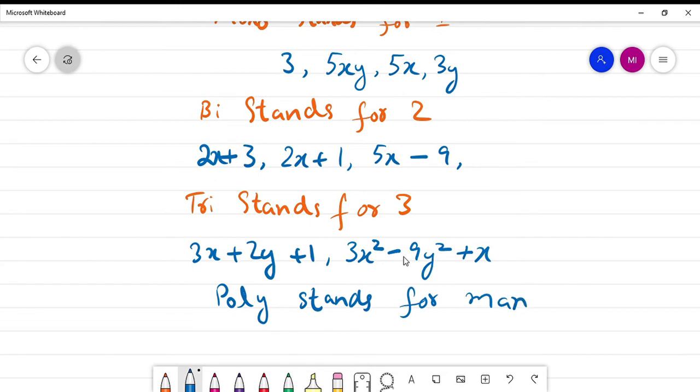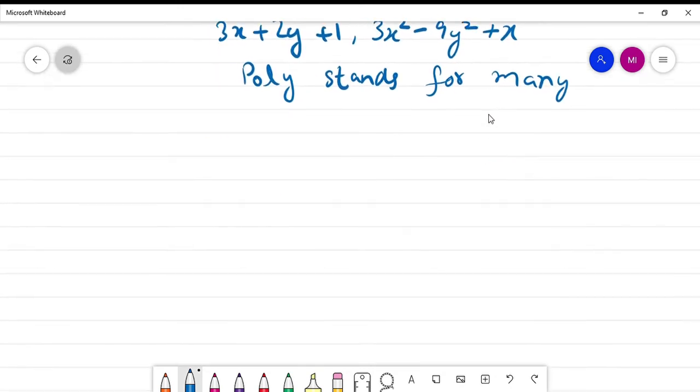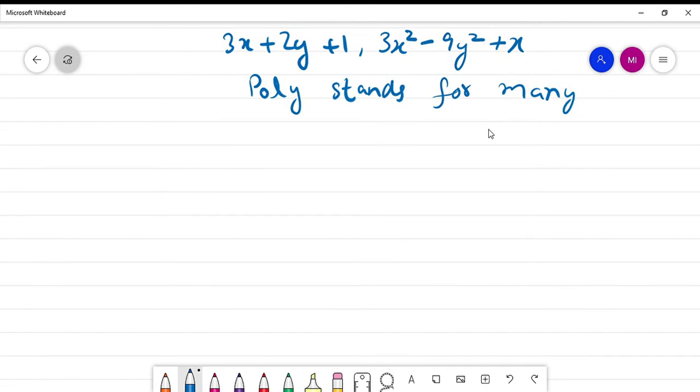So a polynomial is an expression which consists of many terms or multiple terms.